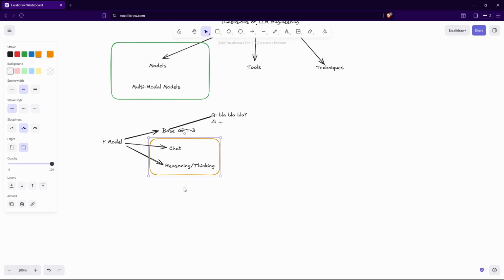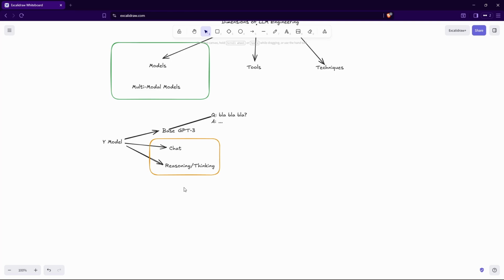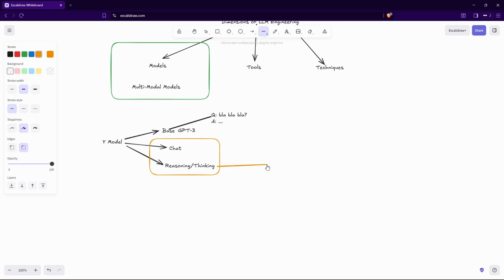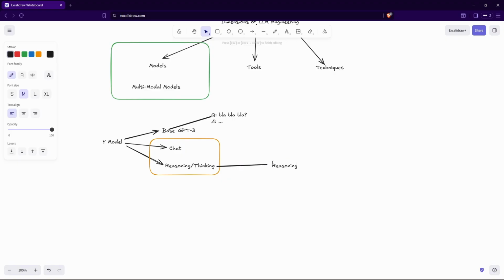There were also some concepts that we introduced when it came to reasoning and thinking. One thing we discussed is that LLMs cannot do infinite thinking. So they have what we call a reasoning or effort budget.